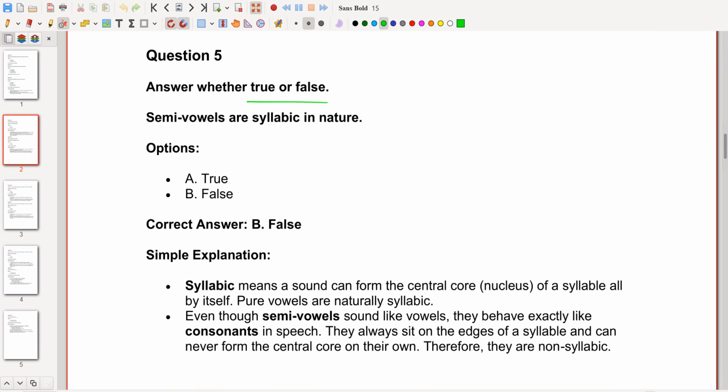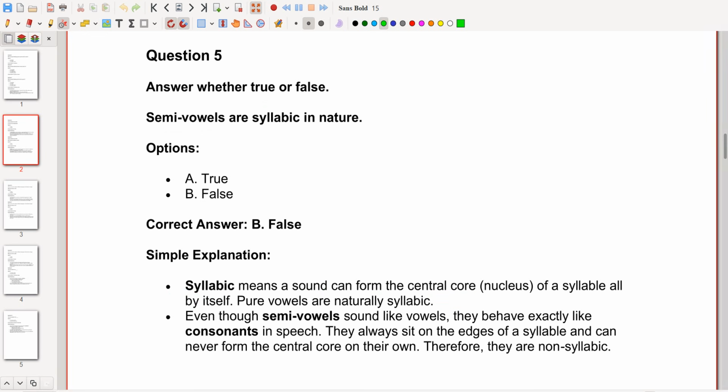Again, we are going to answer whether it is true or false. Semi-vowels are syllabic in nature. The sentence given for us to interpret is semi-vowels are syllabic in nature. See, syllabic means a sound can form the central core of a syllable by itself.